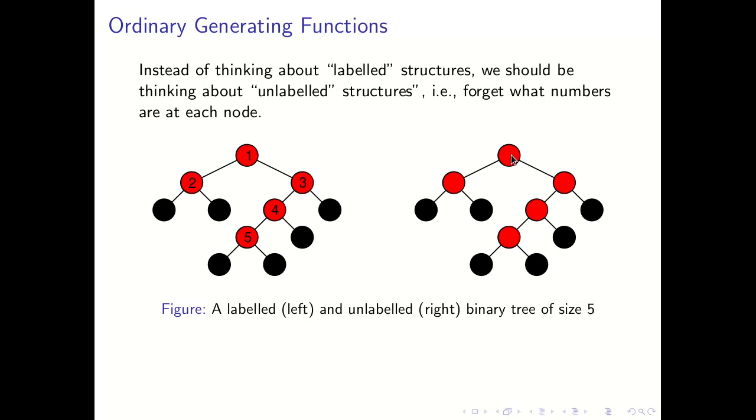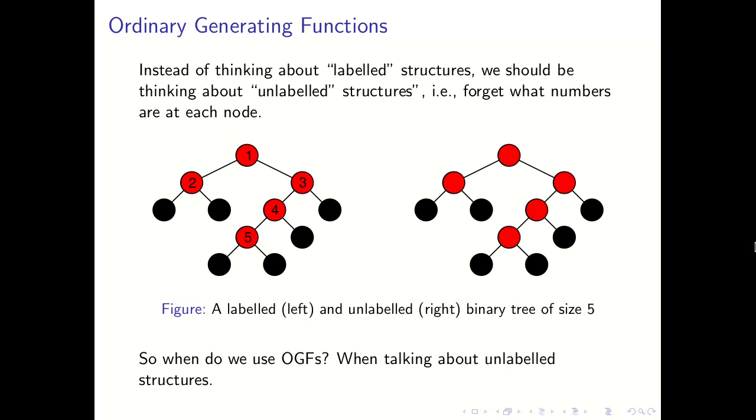Whereas for the ones on the left, the labeled trees, this does matter. The trees with a 1 at the top are very different from trees with 3s at the top. Whereas that distinction goes away when we think about unlabeled structures. So yeah, that's just what I said. For ordinary generating functions, we use them when talking about unlabeled structures instead.